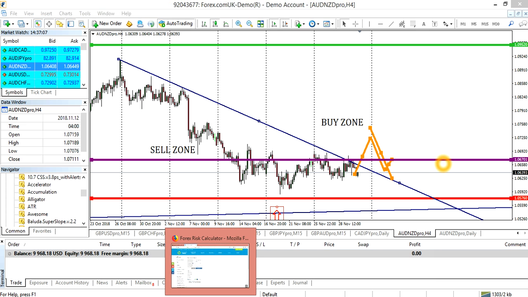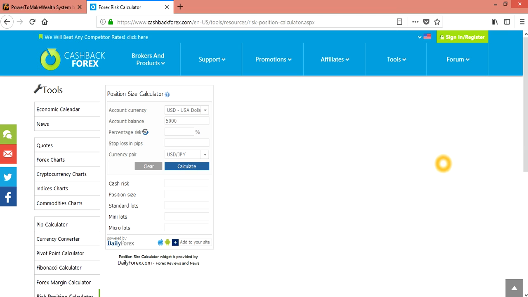You're only going to risk 1% on your account. Right? So you put in your account balance here. Let's say it is $5,000. You're only going to risk 1% of your trading account. We already just calculated that our stop loss is about 94 pips, and the currency that we're trading is Australian versus New Zealand dollar.